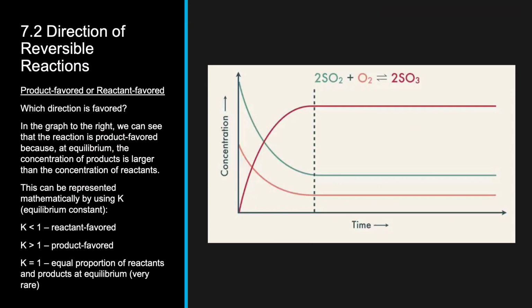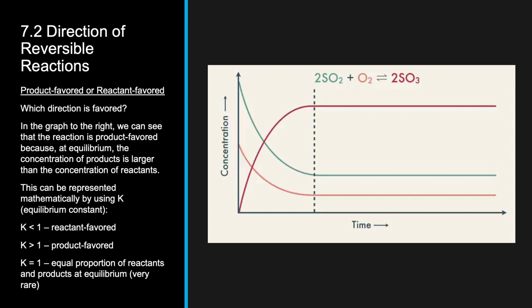So let's look into product favored versus reactant favored. There are two ways to see whether a reaction is product favored or reactant favored. One is by looking at the equilibrium graph, or you can also do it by looking at the K value, which is the equilibrium constant. Let's start with this graph on the right. We have sulfur dioxide and oxygen gas as our reactants, and sulfur trioxide as our product.